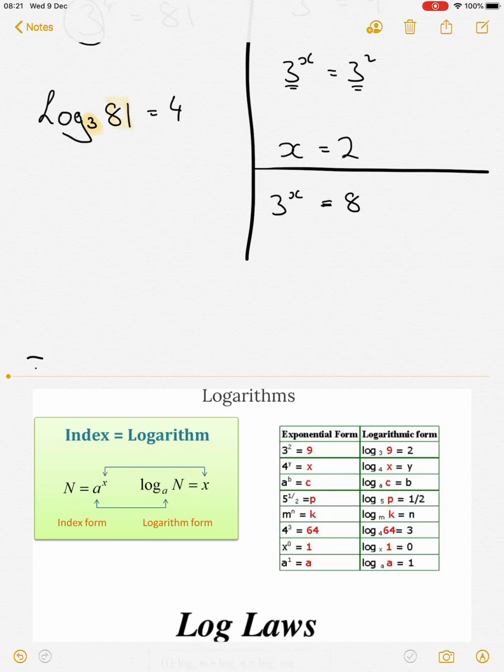In this case we'd have to return to logs. So it will be log of base 3, and then my answer 8 equals x. It's just a different way to write a problem, generally where we can't solve it in indices, we'd write it in log form.